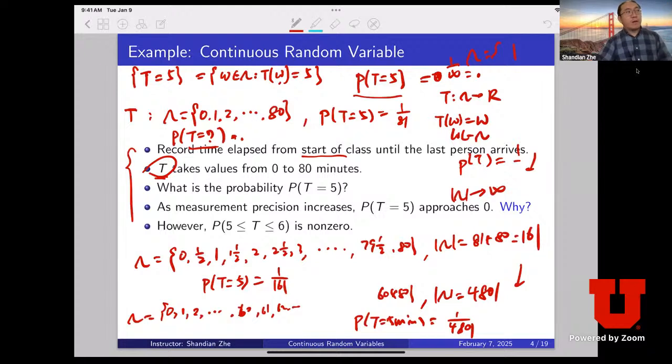There's a very famous paradox to illustrate that you cannot do that. But here, we just want to give you intuition: when you generalize your sample space from finite discrete to infinite, you will naturally derive that the probability of the random variable taking a particular value will approach 0.